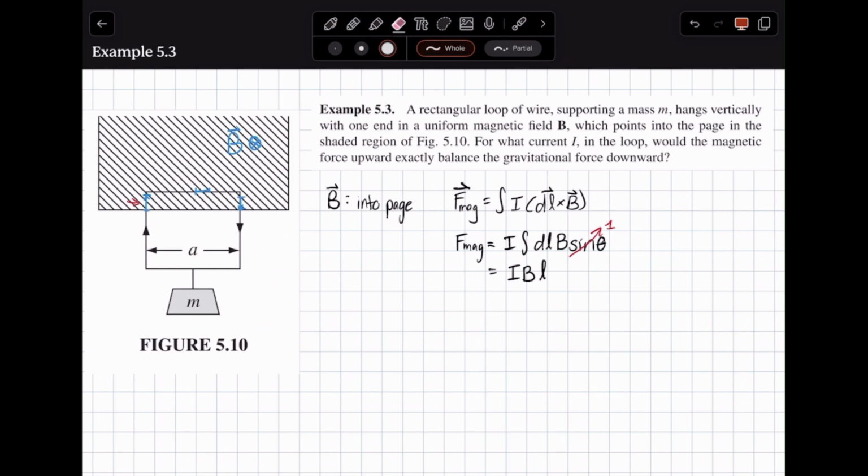Now if I were to use the right-hand rule to find the direction of these magnetic forces in each of these segments, you'll see that we get a magnetic force upwards on this top segment, we get a force to the right, and we get a force to the left on the left segment.